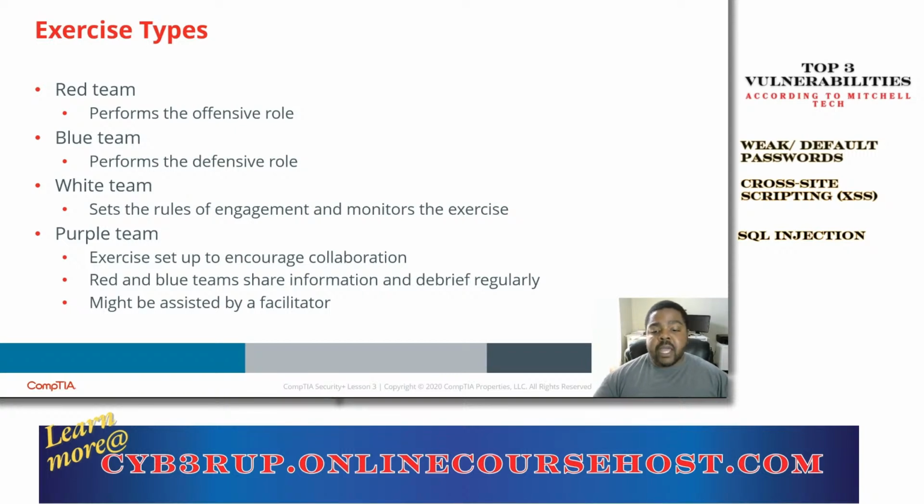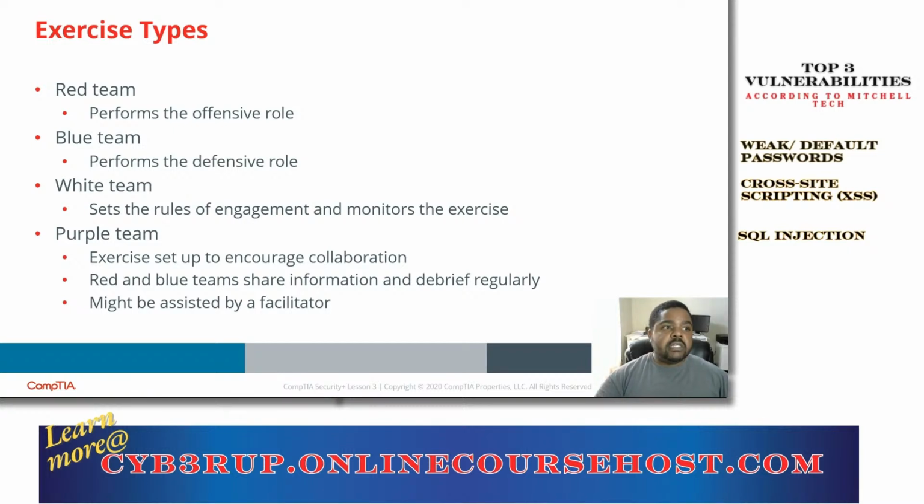Now, again, I'm not a fan of having rules in this type of war, because in real life, attackers don't care about rules. It's about getting the main objective done. But anyway, I digress. Purple teams will set up the actual collaboration between the two different teams, and come up with the lessons learned after the fact.